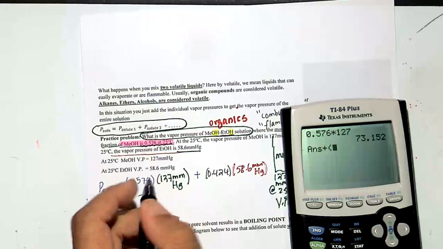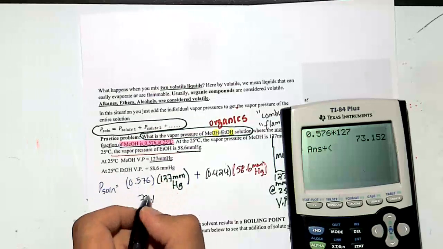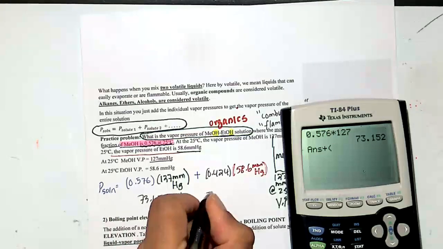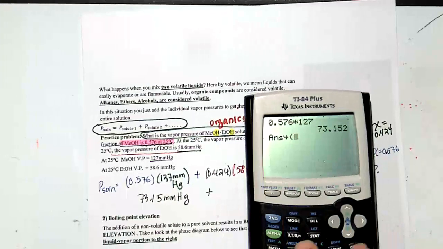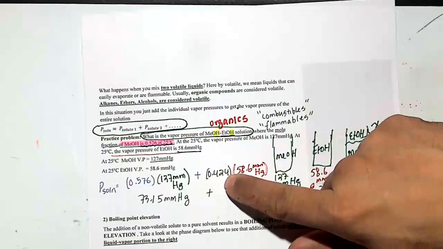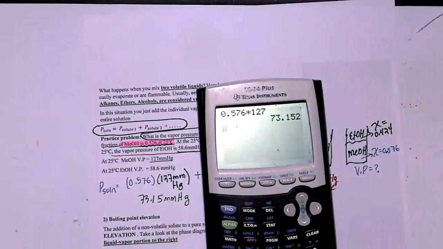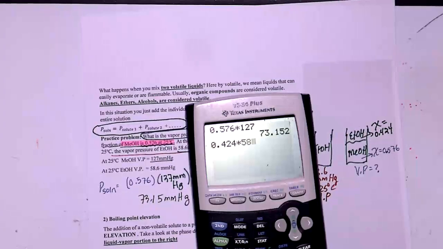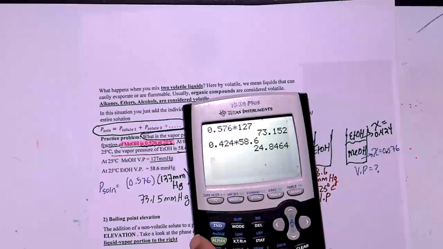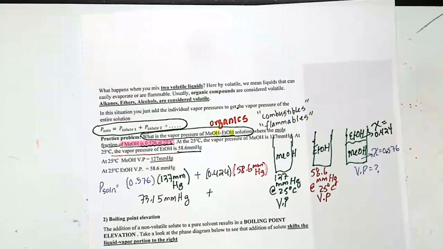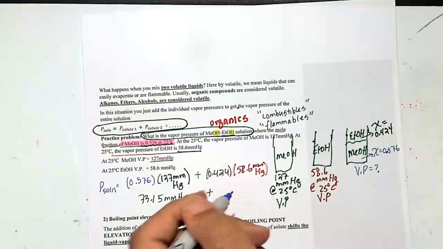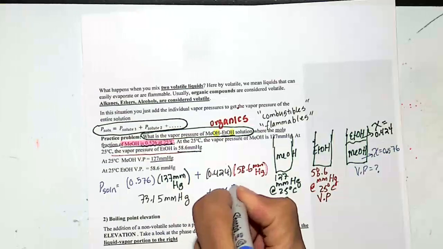That's the vapor pressure contributed by the methanol, plus, let's do this one, 24.84 millimeters of mercury, or 24.85.